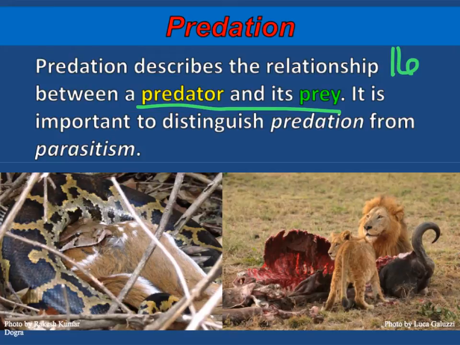That last sentence on the slide is pretty important. It says, it is important to distinguish predation from parasitism. Remember, these are very, very different from one another. In predation, the organism is killed and eaten, but in parasitism, it's only harming the organism, okay? So please be careful whenever you do your homework that you are not getting those two mixed up.